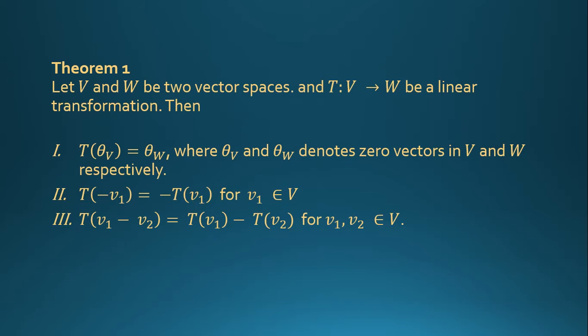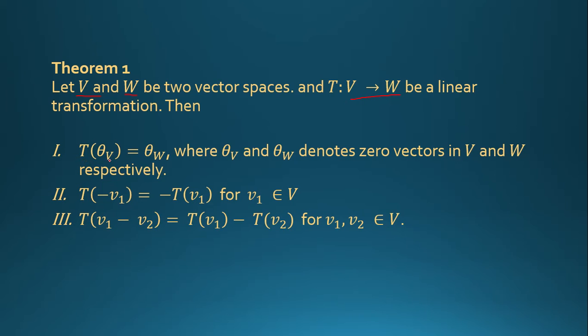Now the next topic, next theorem: let V and W be two vector spaces and the transformation T given from V to W, then we have to prove these three results.